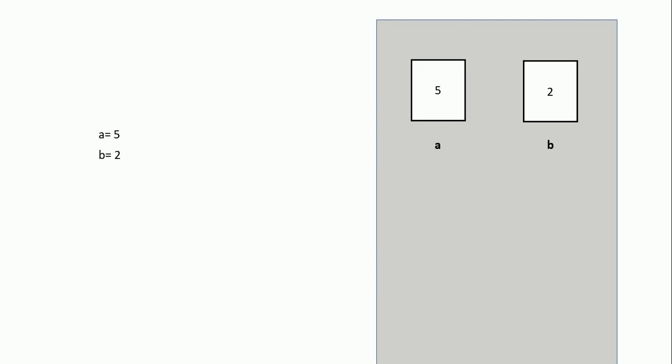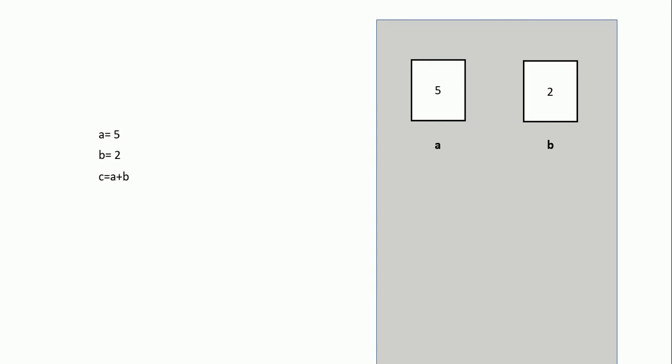If we proceed, saying that we want to assign to the container C the expression a plus b, what this actually means is we want to create a container in memory called C, and what that container stores is the value after we have added the contents of variable a and variable b.